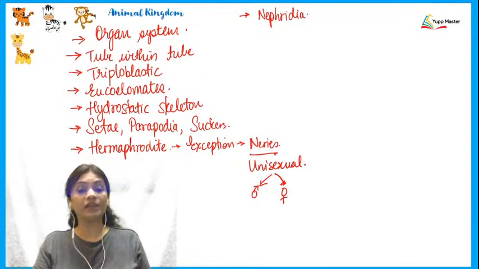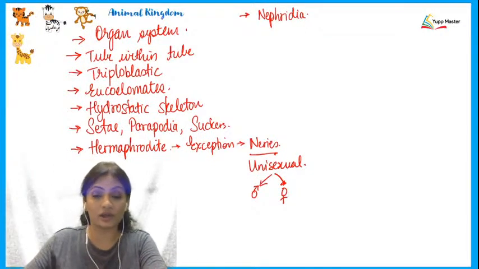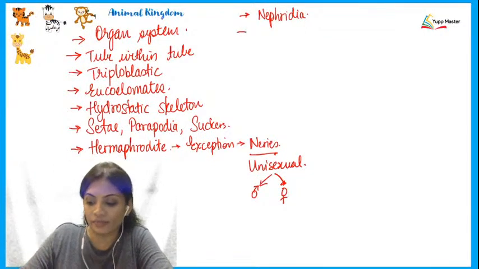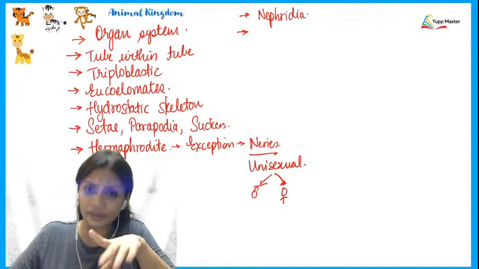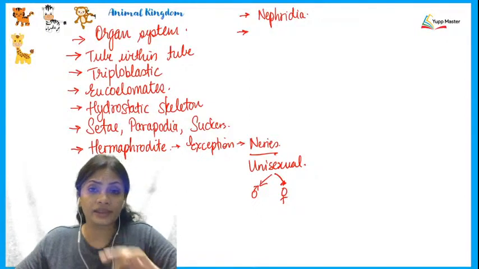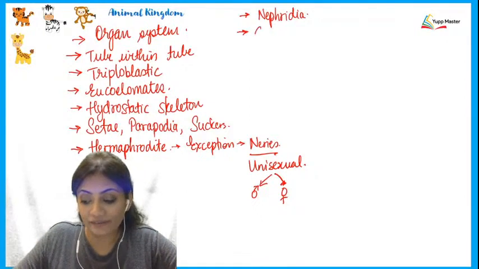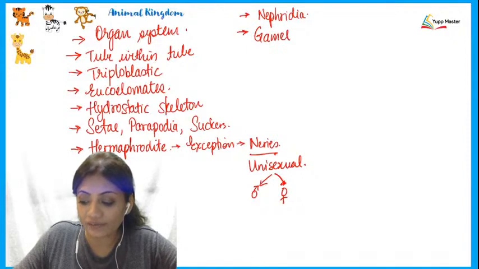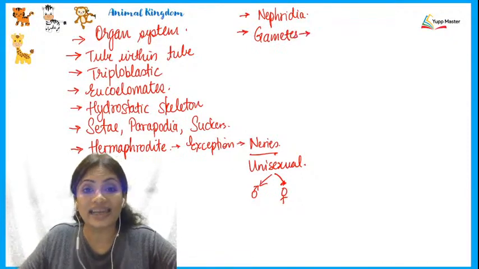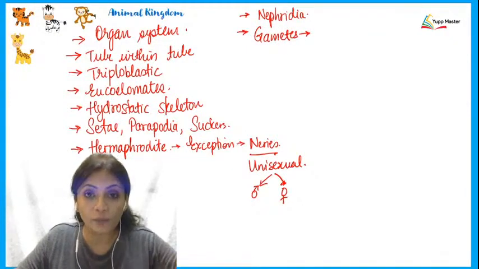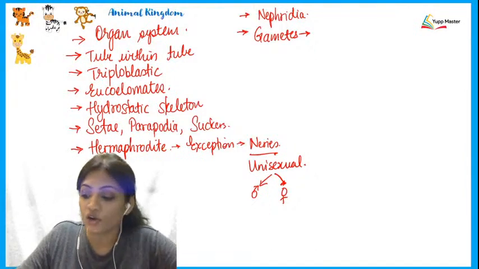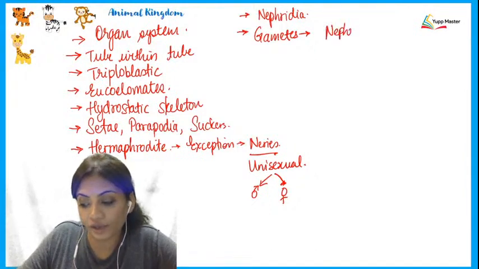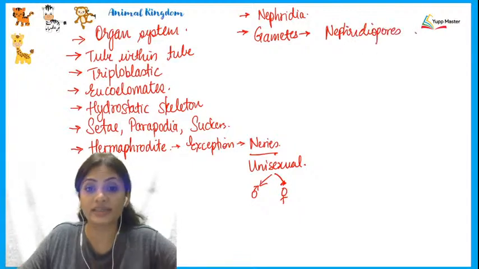Nephridia were present as the organs for excretion. Talking about the reproductive part, there were gonads present, but whenever gametes wanted to come out, they would come out through small pores called nephridiopores.